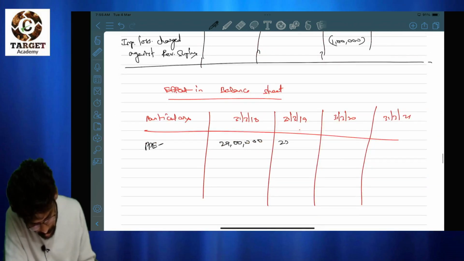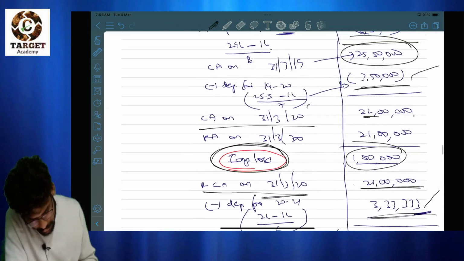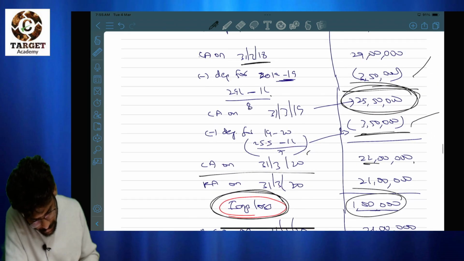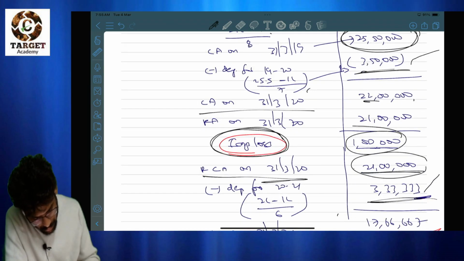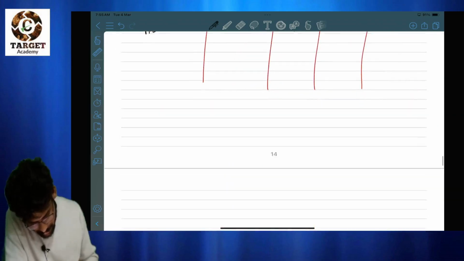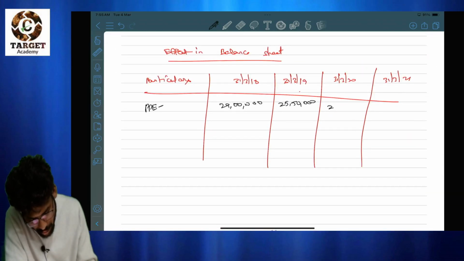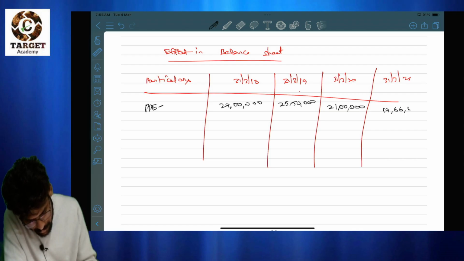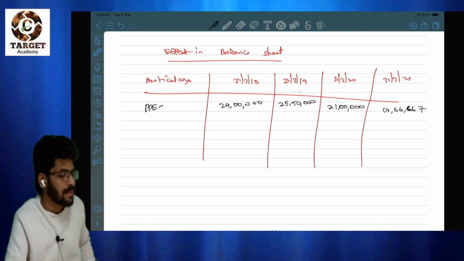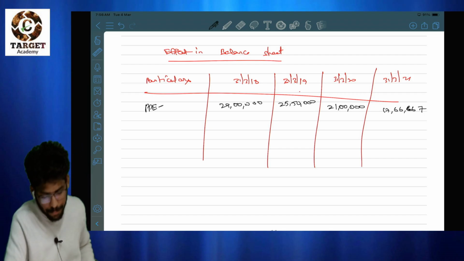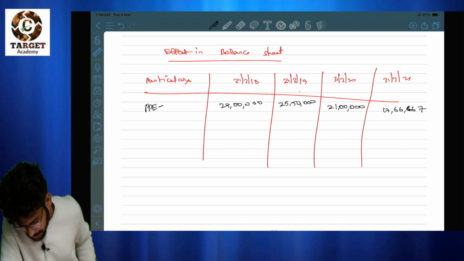Note it down. Next year the revised carrying amount is 21 lakhs, after the impairment loss, not before the impairment loss. Next 17 lakh 66,667. I am taking just the PPE carrying amounts only.